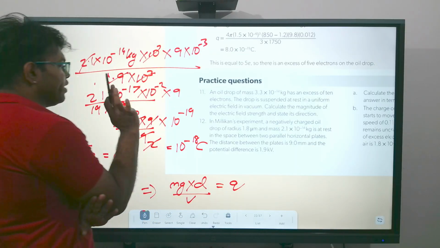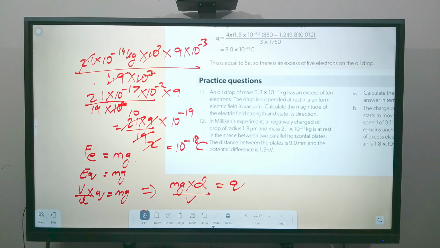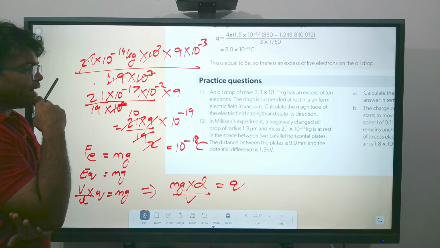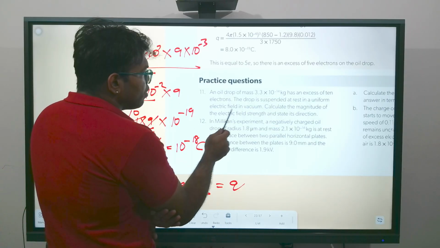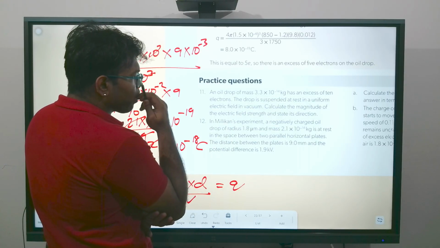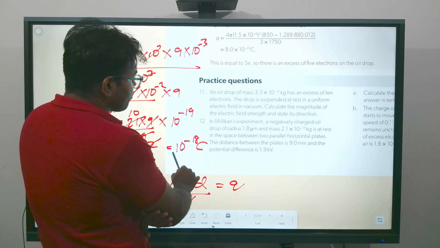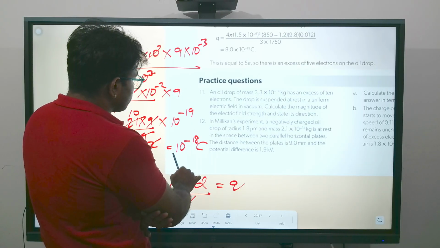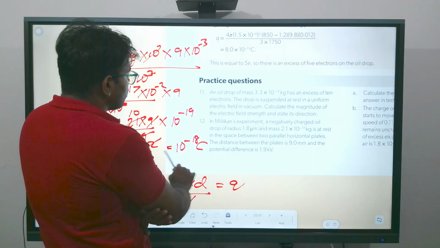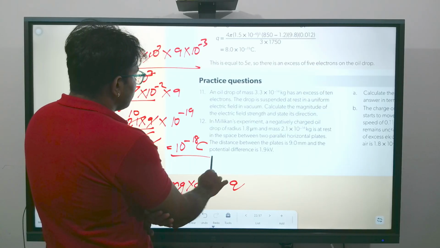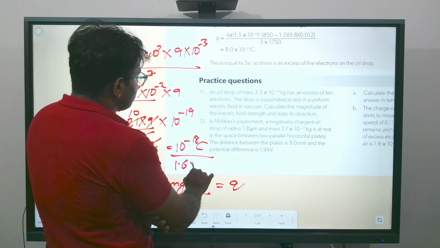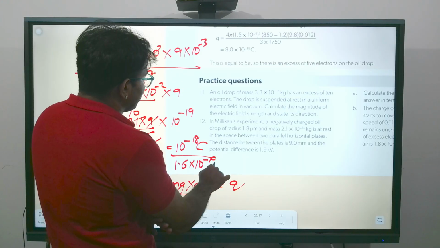So approximately 10 to the power minus 18, and then basically I have to divide this by 1.6 into 10 to the power of minus 19.